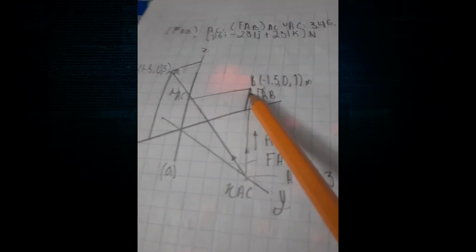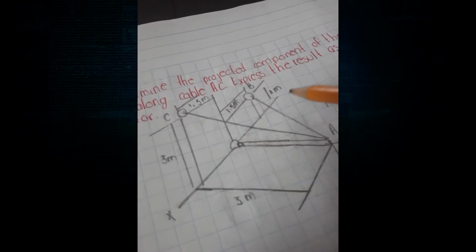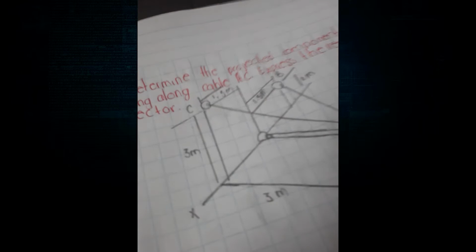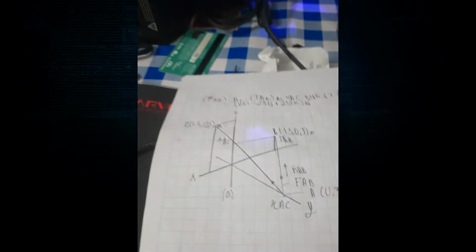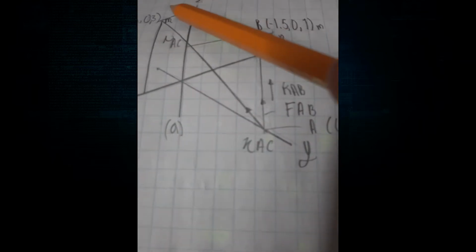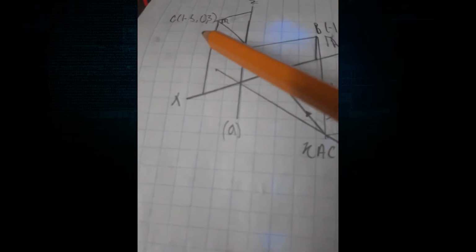For example, at the letter B we have 1.5, 0, and 1, and the magnitude on the other side is equal to 0, because it's, for example, an x variable. We have the cable AC, from A at 0, 3, 0 to the letter C at 1.5, 0, and 3.